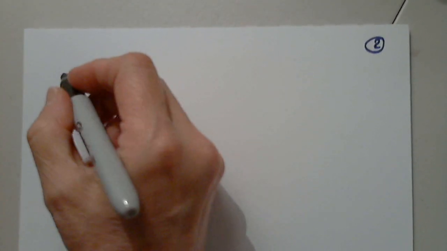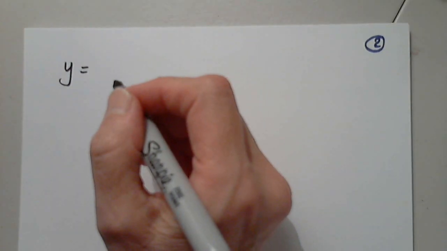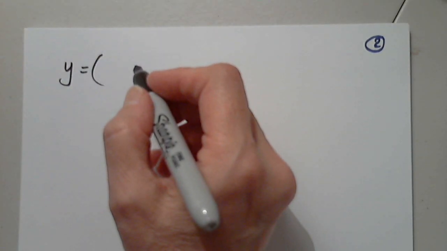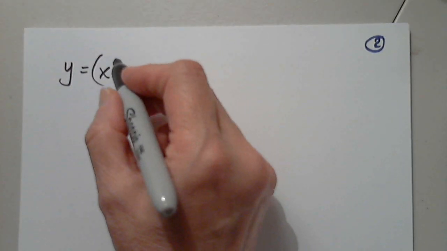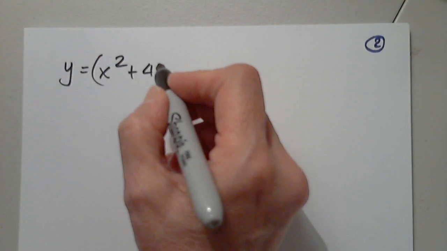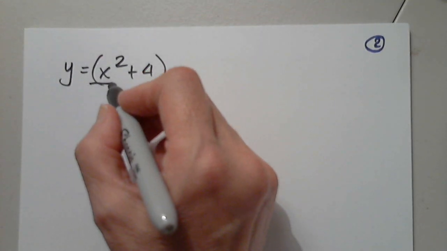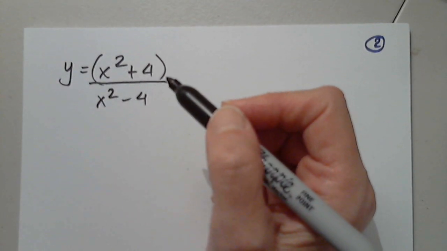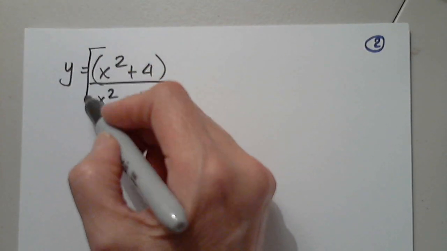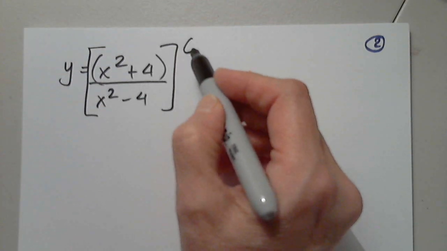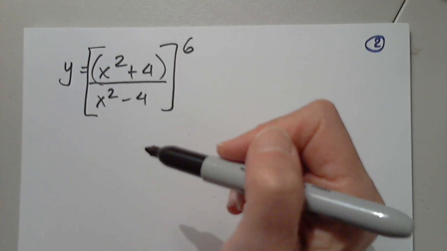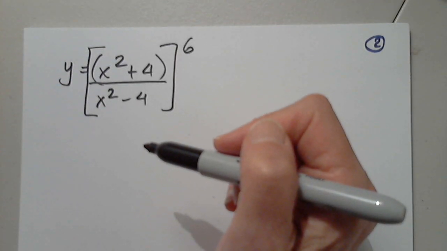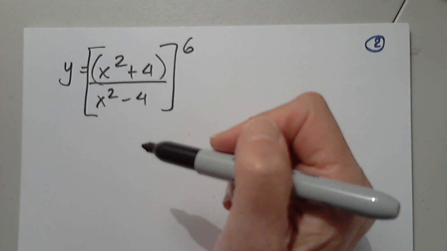So it's y equals the quantity of x squared plus 4 divided by x squared minus 4, all to the power of 6. Like this? It has, within one set of parentheses, a numerator and a denominator, but that'll work too.